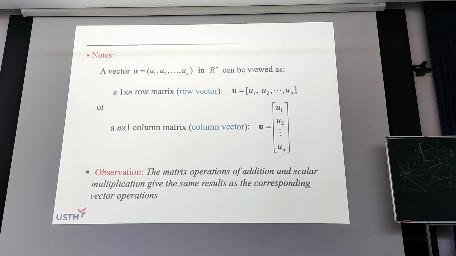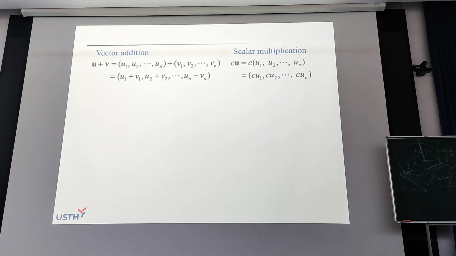On the vector in R n, we define the standard operation, and that is the same as the operation on matrices. And the next slide will show you that. Now, for vector, by vector I mean a sequence of numbers, like that one, U and V. And we can define the vector addition to be that one.